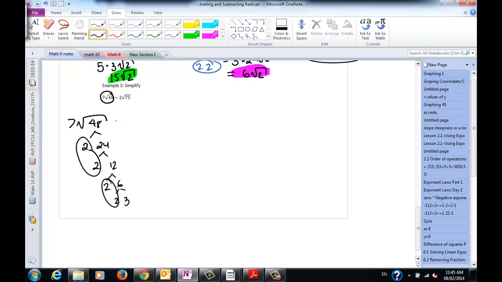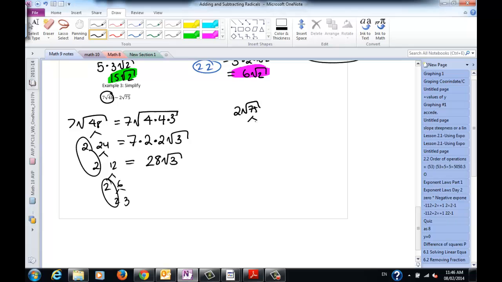I think by now we're getting to the point where we can do this probably a little bit faster. So I have 4 multiplied by 4 multiplied by 3. This is going to become 7 multiplied by 2 multiplied by 2 multiplied by root 3, which is just 28 root 3.